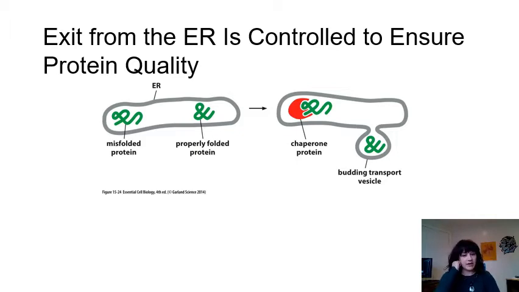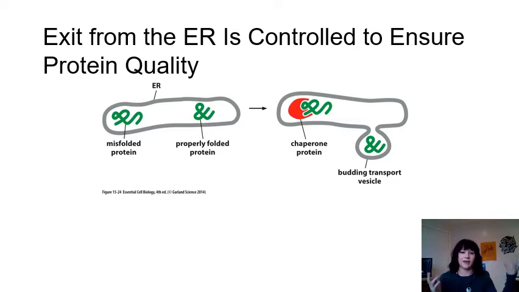Before that protein can leave, there is a checkpoint in which the cell can make sure that the protein has been formed correctly. Right? Misfolded proteins are no good. You've probably heard of different types of diseases where proteins are misfolded. When a protein is misfolded, in addition to not being able to function properly, it's also going to aggregate.